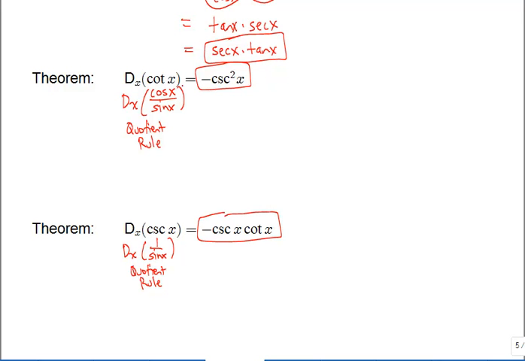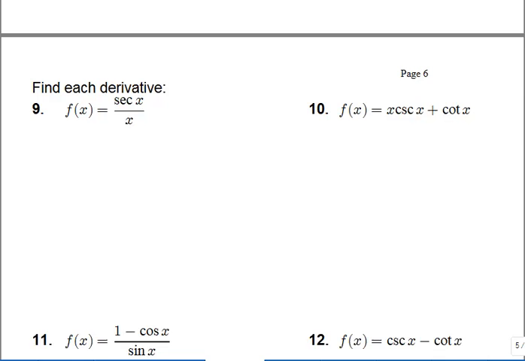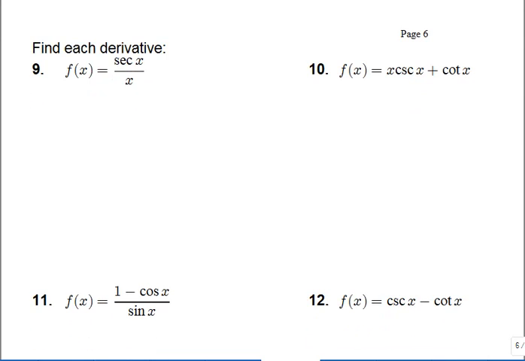So the cotan function and the cosecant function are the ones with the negatives. Okay? So these 4 different derivative rules are things you have to memorize. You will be expected to know them by heart without any formula sheets on a test or quiz.